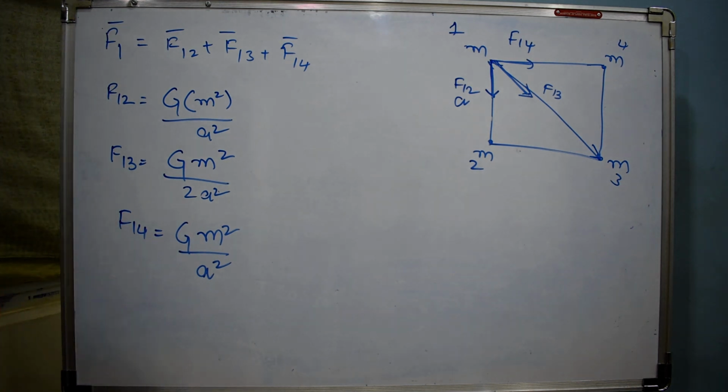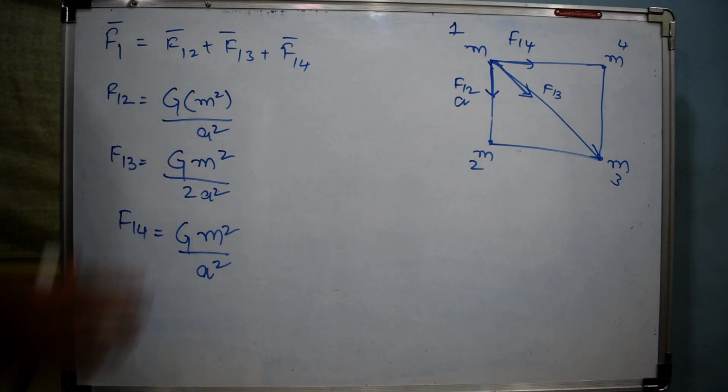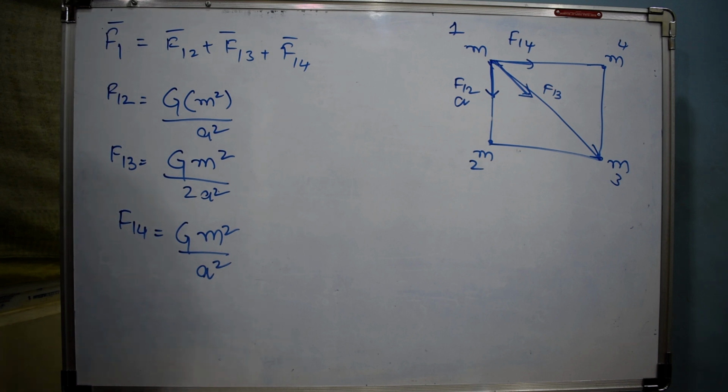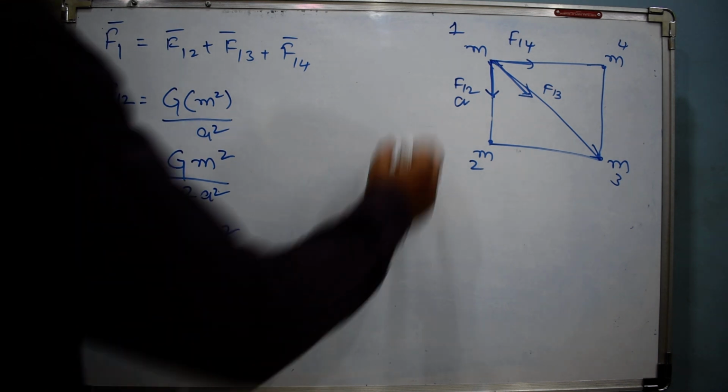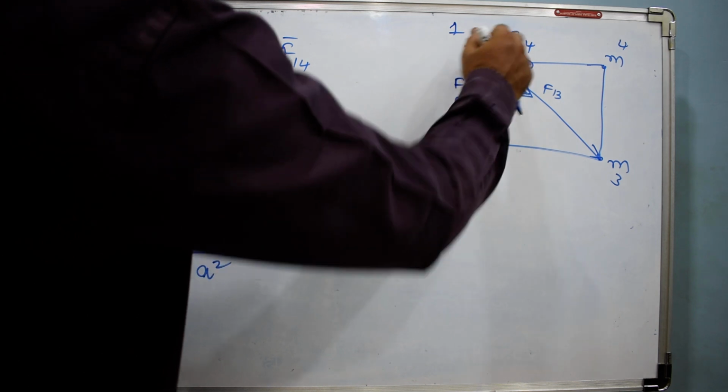Now how do you find the sum of these three? For the sake of simplicity, we can either go with the parallelogram law or go with the vector form I have used earlier. If we go with the parallelogram law, first look at F12 and F14.